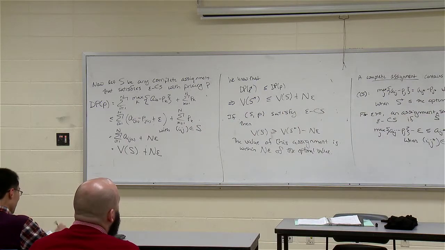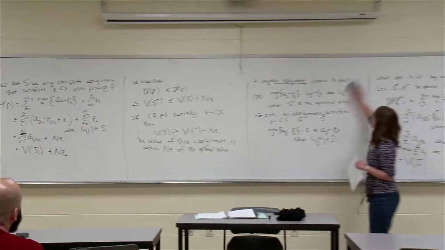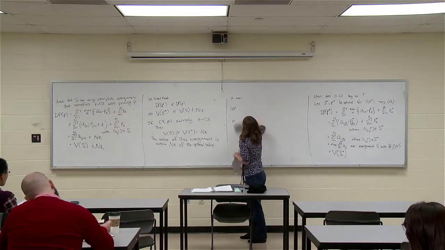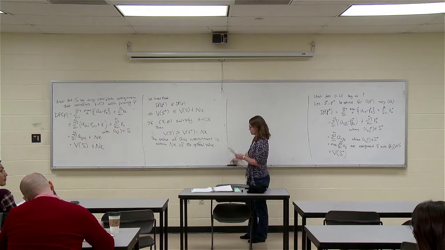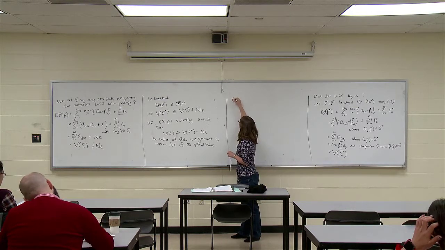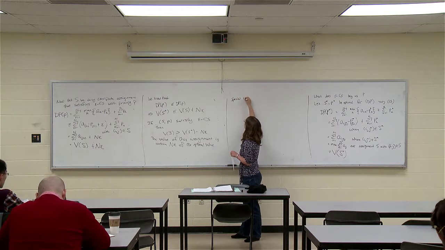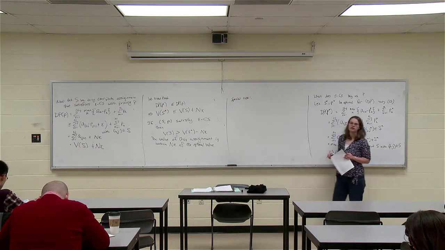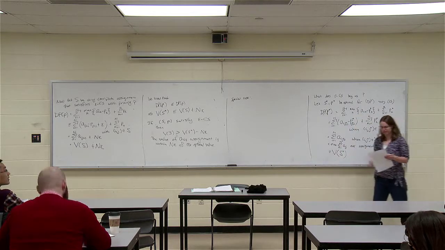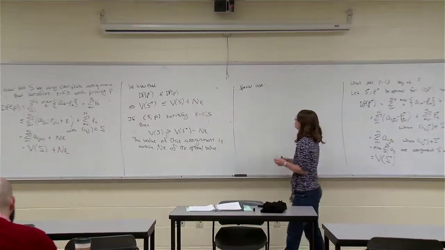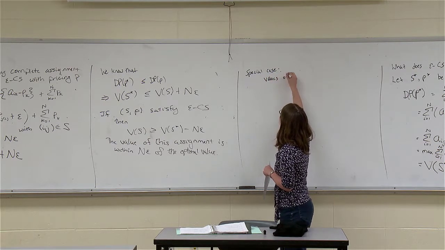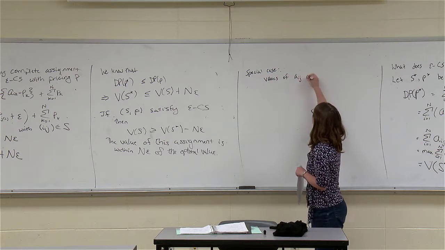There's a special case that Prosecco was interested in. In his special case, actually you can do this. You can do this in general for this discrete problem. It's easier to see for this special case. In the special case, the values of a_ij are all integers.